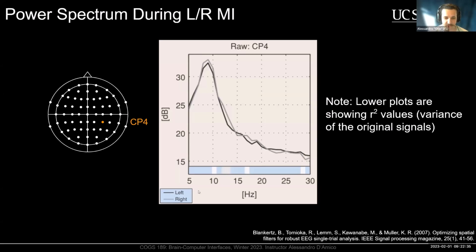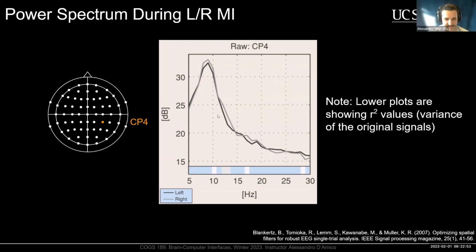And we can see that the dark line is left hand and the light line is right hand. And in this case, we have activity over CP4. So this is going to be on the right side of the scalp.